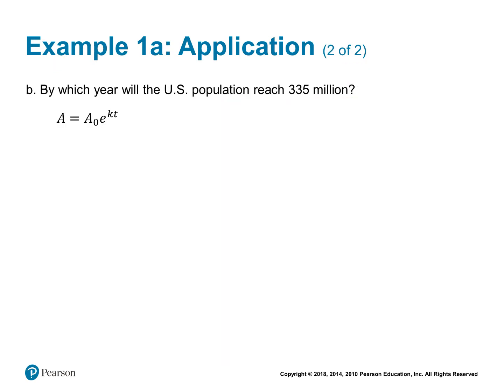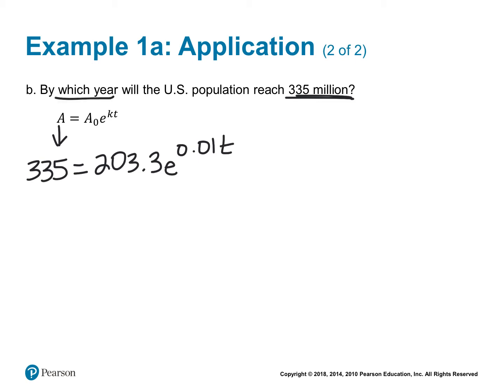Okay, so we're wanting to know, when are we going to reach 335 million? So when is this ending amount going to be 335 million? Well, we can use our last equation that we just found. We said that we had 203.3 times e to the 0.01 t, and t is what we're trying to find.